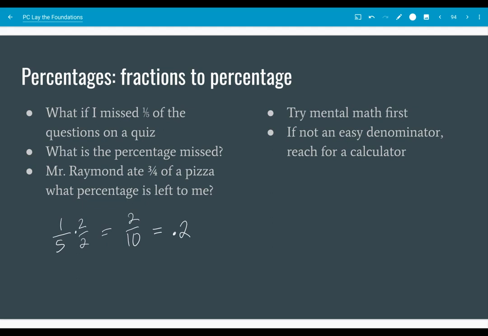Well, 0.2, how many hundredths is that? 20, right? So it is 20%. So if you missed 1/5 of the questions on a quiz, you've missed 20%.